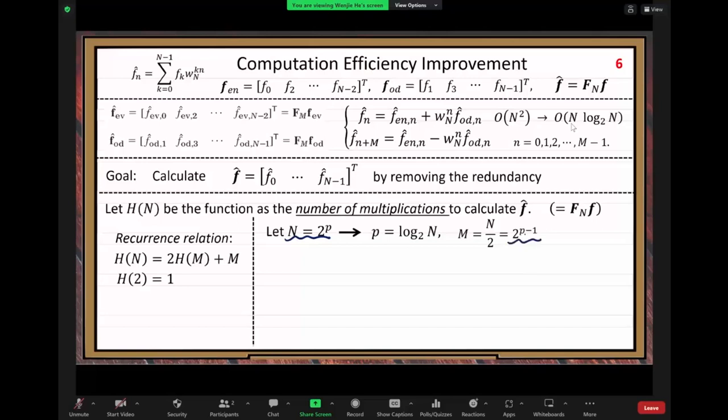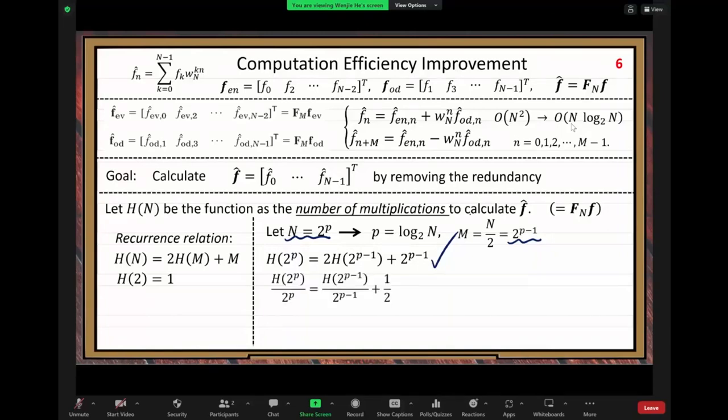So let's plug into our recurrence relation, and we get this expression. We want to change its form by division, so we divide both sides by the appropriate number, that number is 2 to the Pth power.